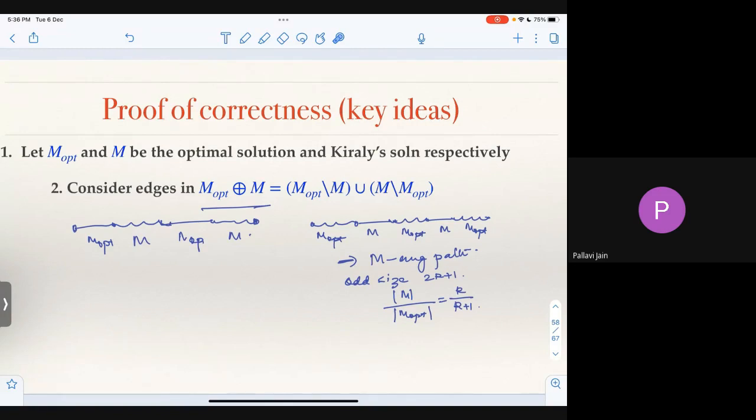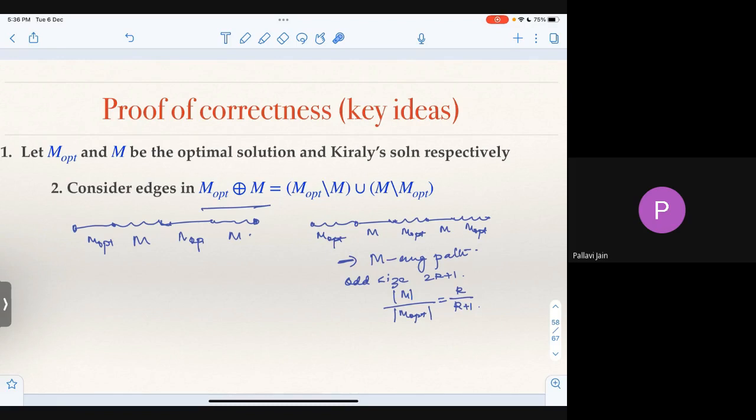M opt must be picking up more edges than M is. If they were picking up an equal number of edges, I would never have an M augmenting path, because alternating cycles are of even length. They have an equal number of M opt and M edges. So if I have to see the difference in size of M opt and M, I basically should be counting the M augmenting paths.